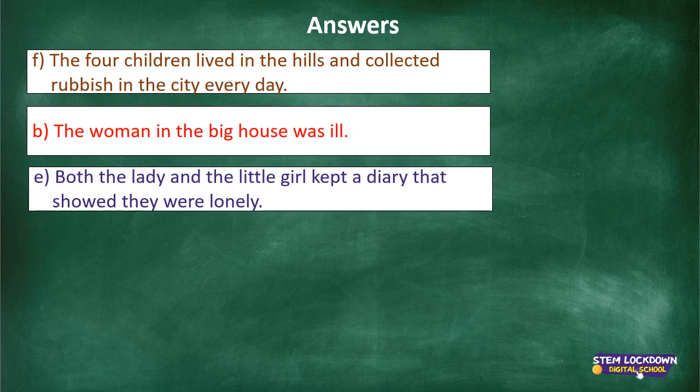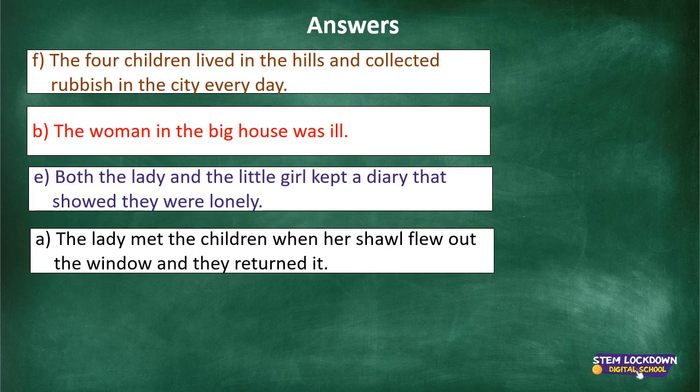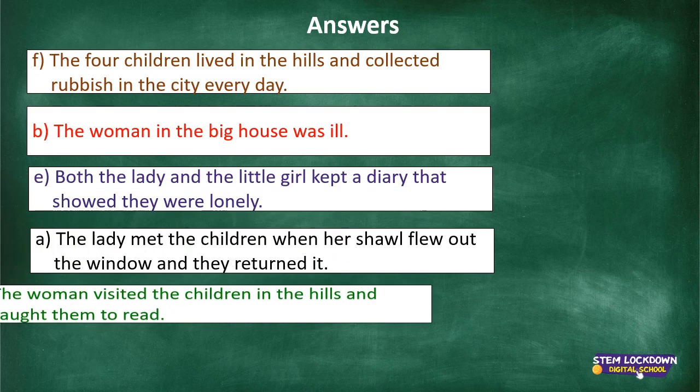Number E, both the lady and the little girl kept a diary that showed they were lonely. That one could go there, but it could also go somewhere else. Number A, the lady met the children when her shawl flew out the window and they returned it. Did you put that one there?